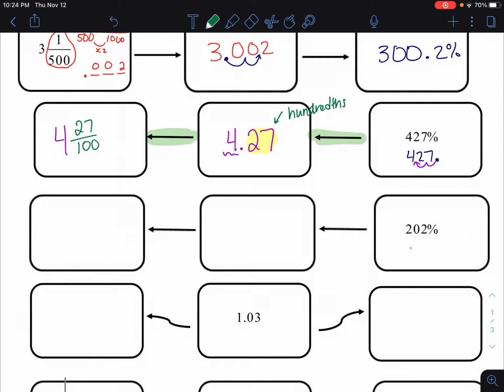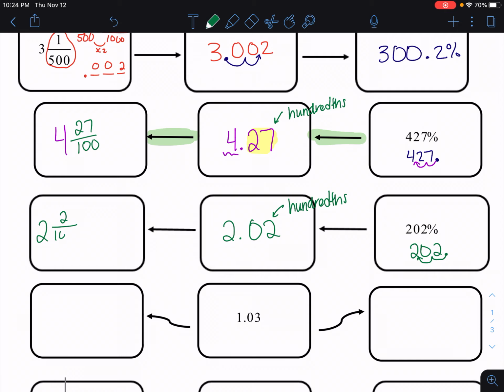In the next one, I've got my 202 with my decimal at the end. I'm going to move it 2 places to the left. So this is going to be 2.02. And again, I'm going to write my mixed number 2 in the front. And then I've got the hundredths place again. It's 2 decimal places, so this is going to be over 100.